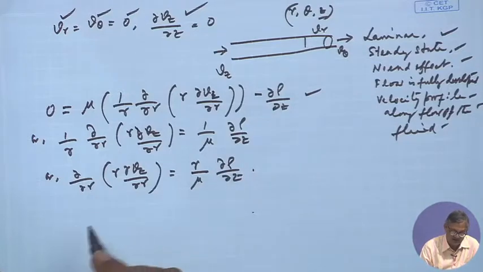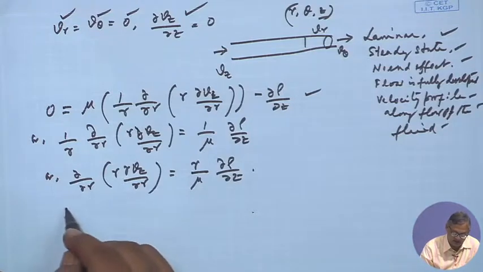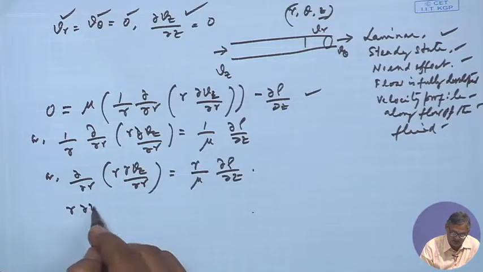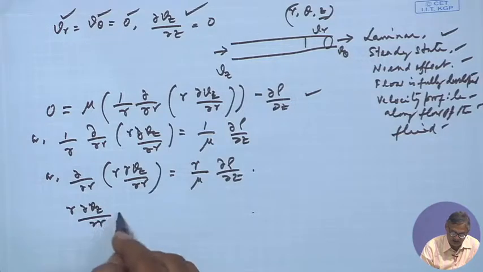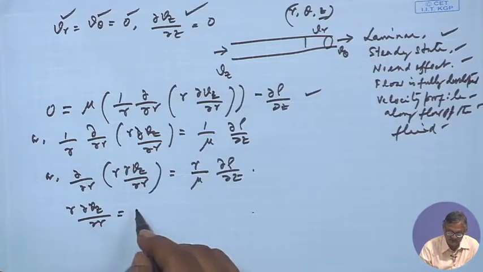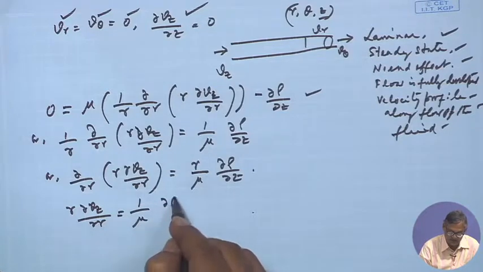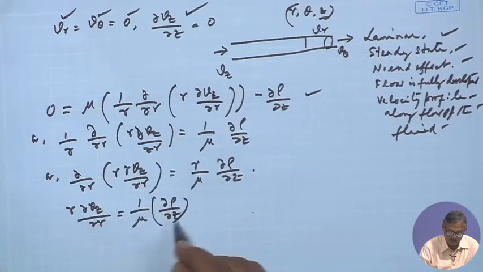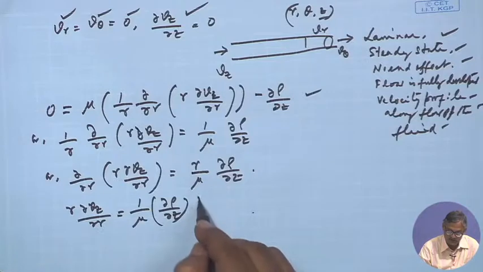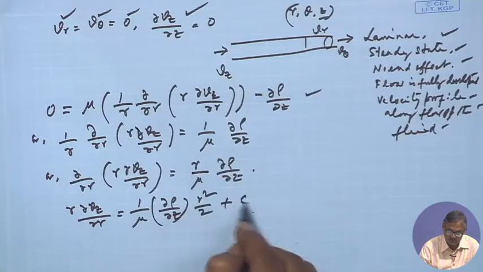On first integration we can write r del v z del r is equal to 1 by mu del p del z into r square by 2 plus C 1.